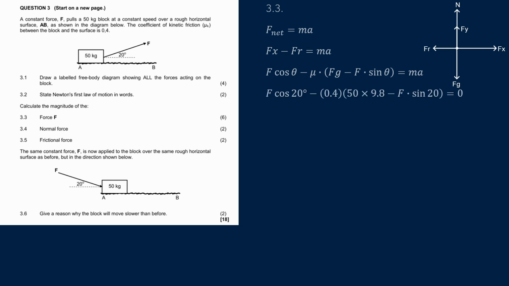Now substituting in the values, I get F cos of 20 minus 0.4, 50 times 9.8 minus F sine of 20 is all equals to 0. Simplifying, or now getting rid of the cos of 20 and the sine of 20 to clean up my equation a little bit, I get 0.94F minus 0.4 multiplied by 490 minus 0.34F is equals to 0.